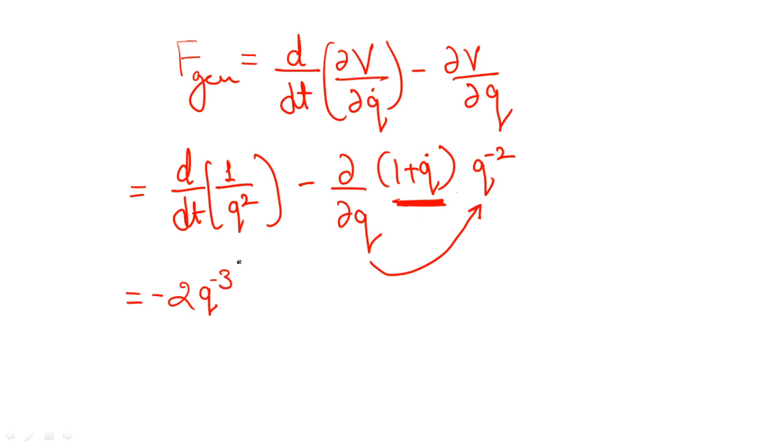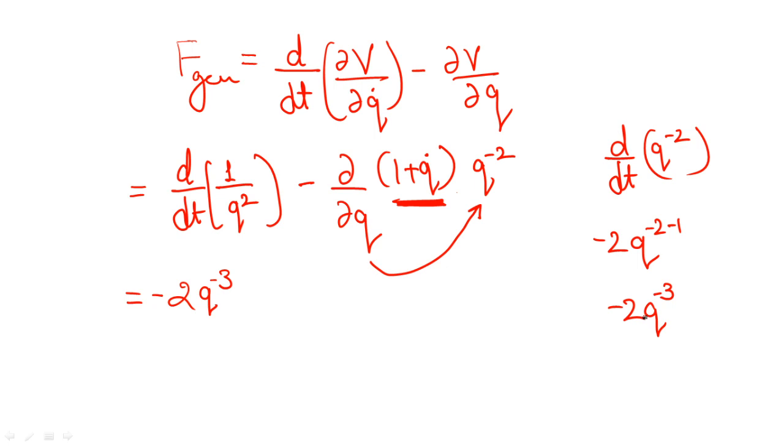Why? Because when you consider d by dt of q to the power minus 2, you get n x to the n minus 1, so that will be minus 2 q to the power minus 2 minus 1, which is minus 2 q to the power minus 3. And then you have to consider dq upon dt once again. Why? Because q is not t, and you are differentiating with respect to t, so you have to differentiate it once more.